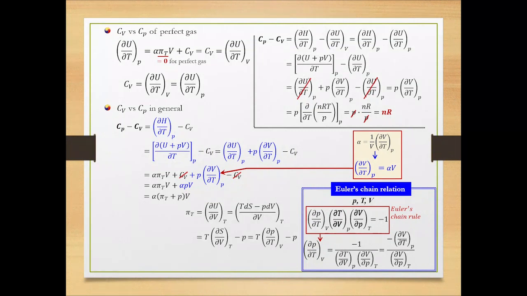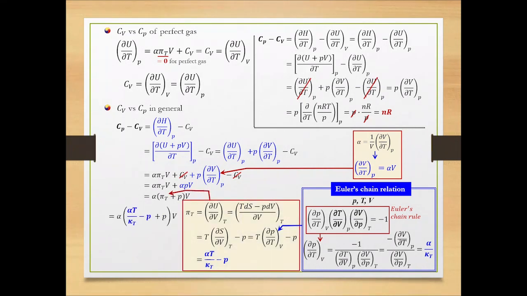Do you remember the mathematical expressions for expansion coefficient alpha and isothermal compressibility kappa T? The fraction of these derivatives is simply alpha over kappa T. Plug this into the modified expression of pi T. This will lead to alpha T over kappa T minus P. Plug this into the equation illustrating the difference between Cp and Cv.